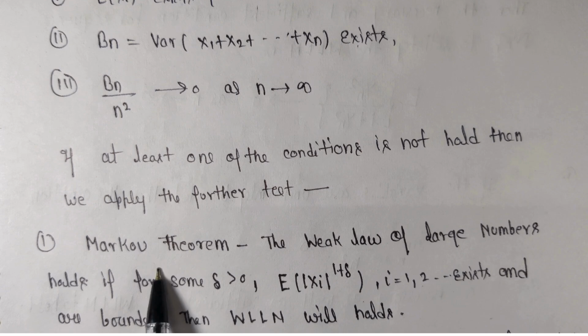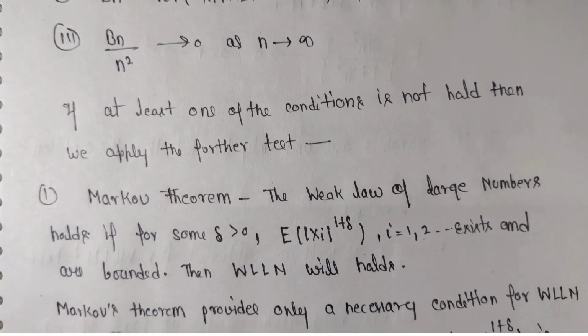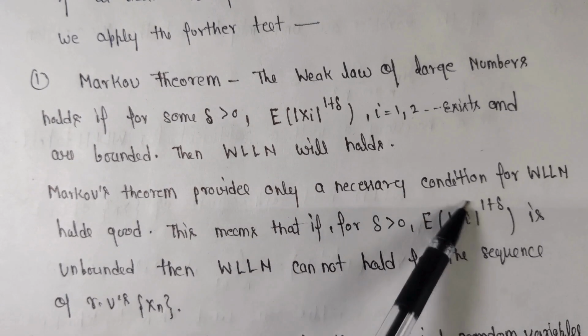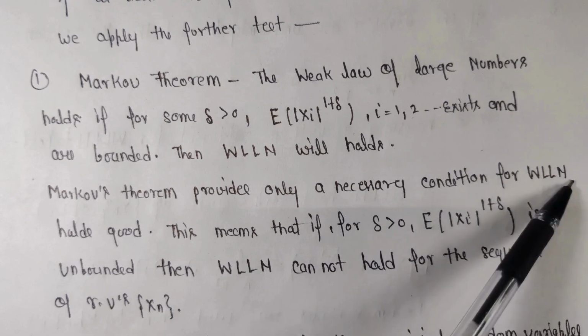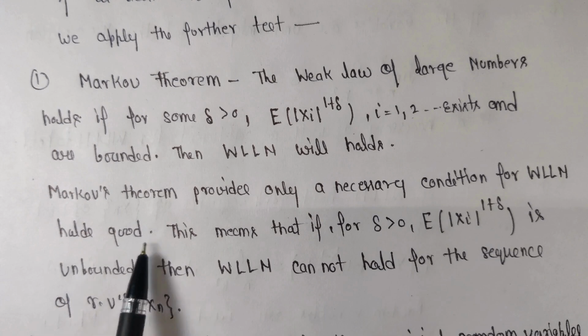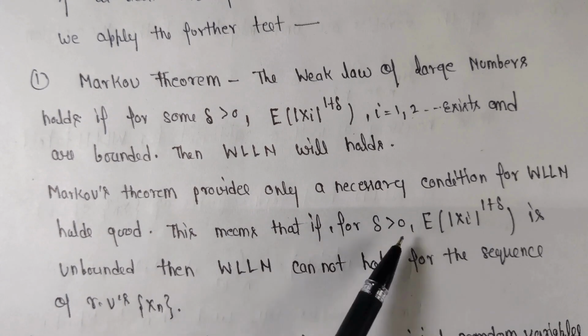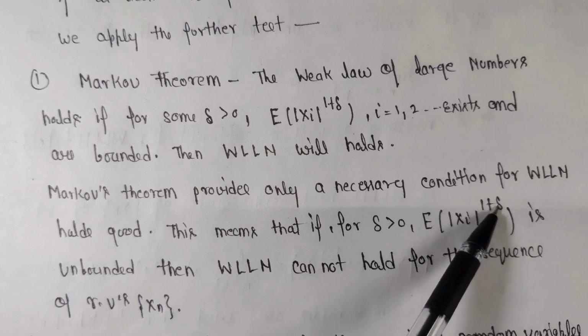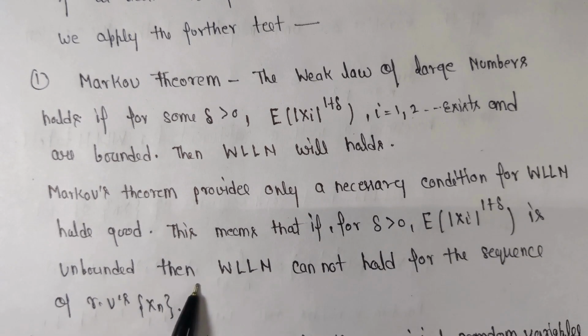Is it clear? So now we can say that the Markov theorem provides only a sufficient condition for the weak law of large numbers to hold. This means that if for del greater than 0 the mean value of |Xi| to the power 1 plus del is unbounded, then the weak law of large numbers can't hold for the sequence of random variables Xn.